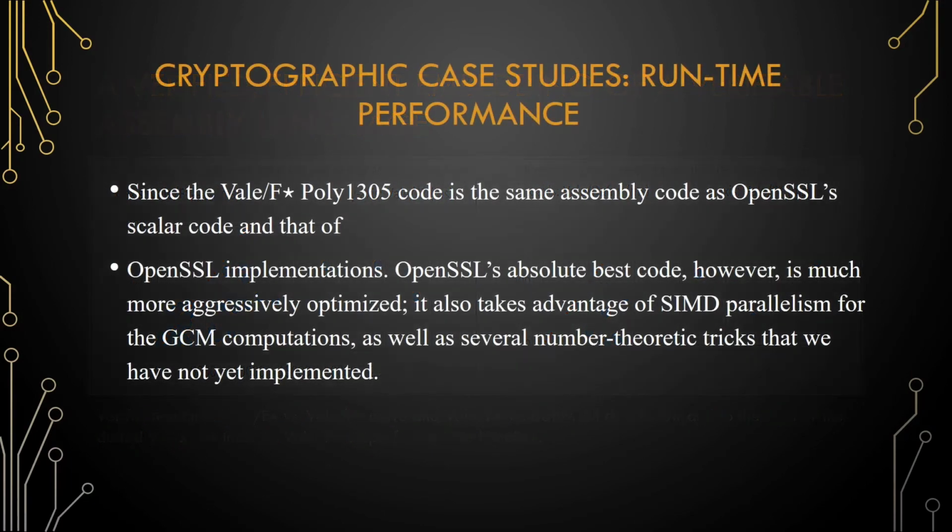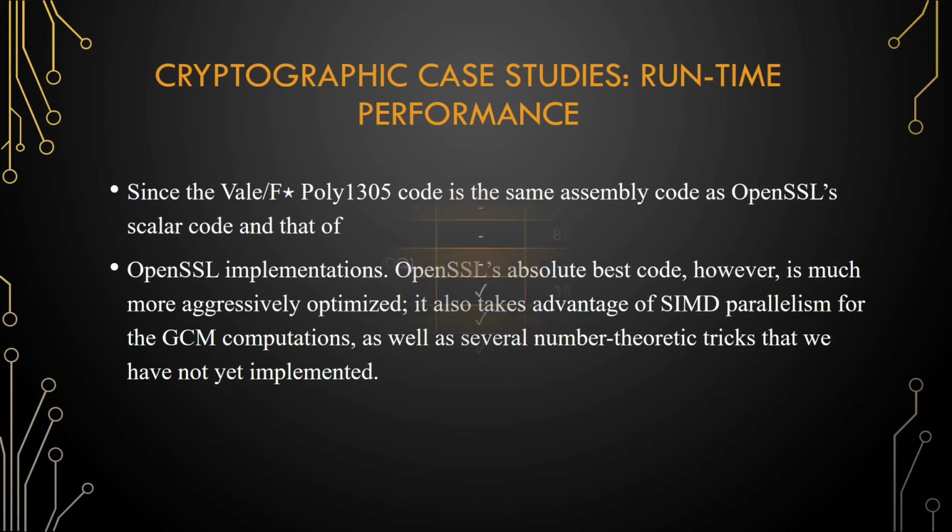Cryptographic case studies, runtime performance. Since the Vale-F* Poly1305 code is the same assembly code as OpenSSL's scalar code, the performance matches OpenSSL implementations. OpenSSL's absolute best code, however, is much more aggressively optimized. It also takes advantage of SIMD parallelism for the GCM computation, as well as several number theoretic tricks that we have not yet implemented.